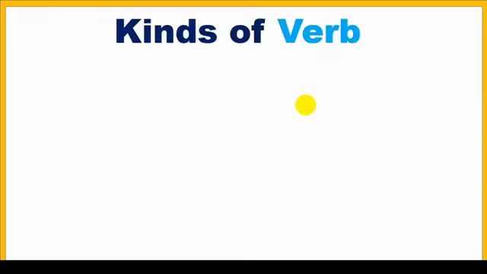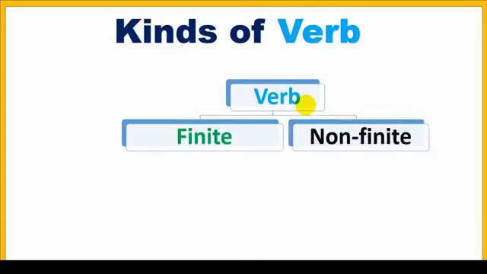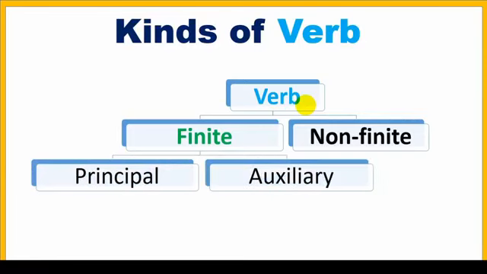Now we'll discuss kinds of verb. Look, mainly there are two categories of verbs: finite verb and non-finite verb. There are two types of finite verbs: principal verb and auxiliary verb.